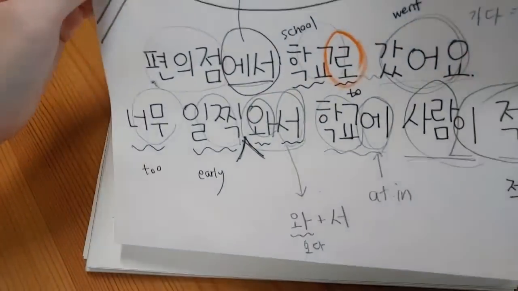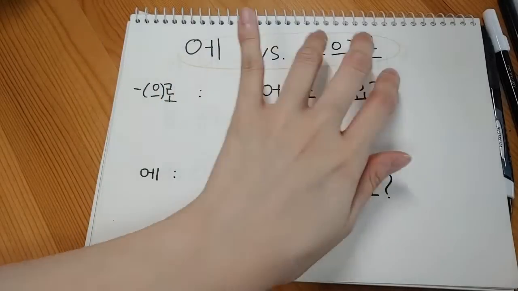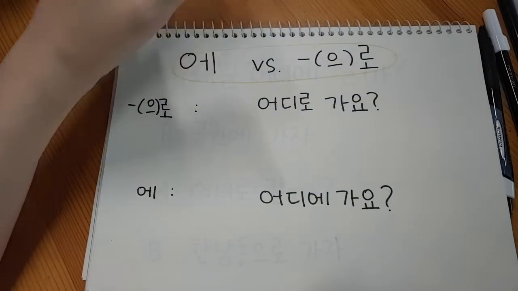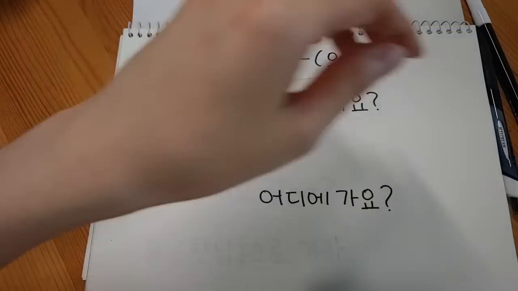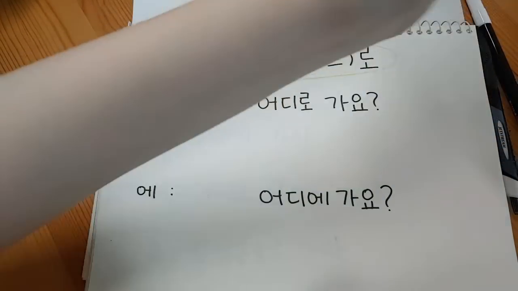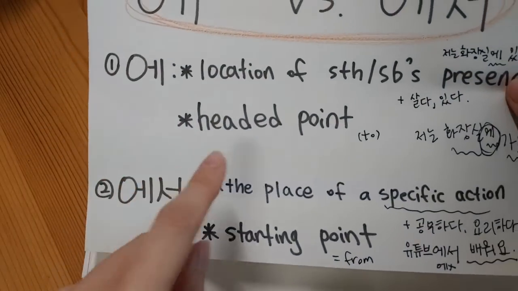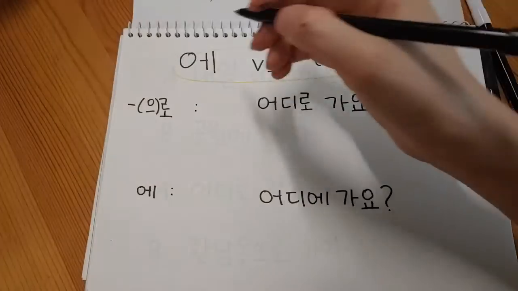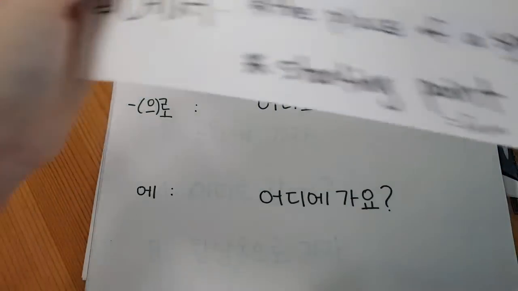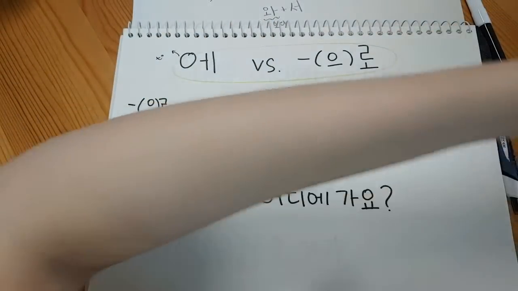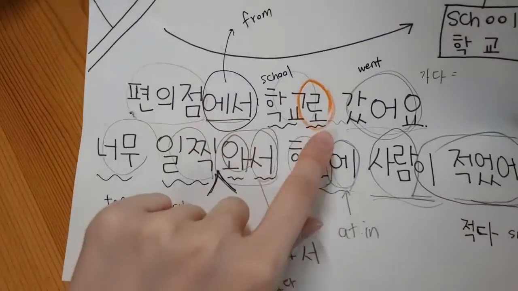Let's resume the lesson. So, 에 and 로 are what confuses learners second most. And let's look at the difference. So we learned that 에 can also mean to, a headed point, right? So 에 means to, but we also learned that 로 also means to.